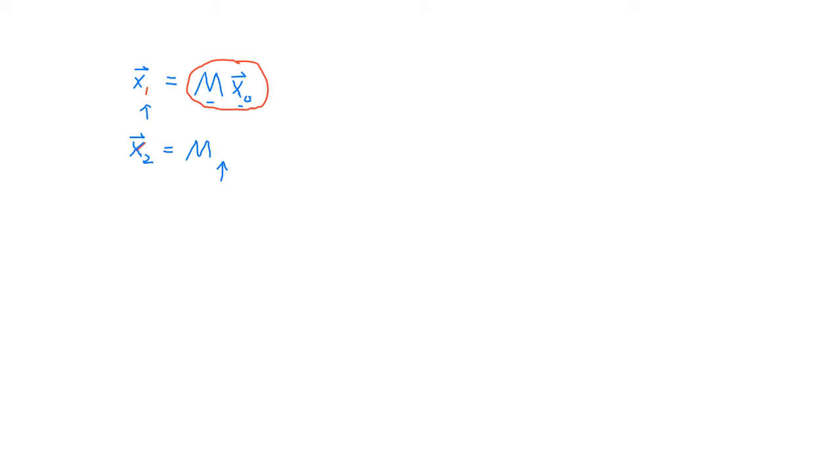How would I find the population distribution? That's right. You would multiply it by the population distribution after 1 year. So you see there's a pattern here.